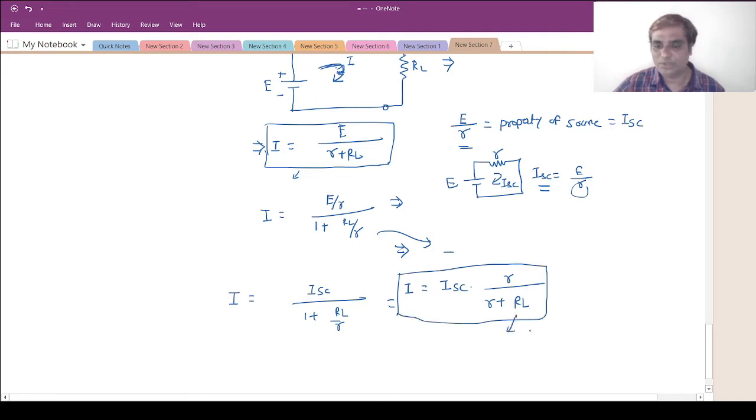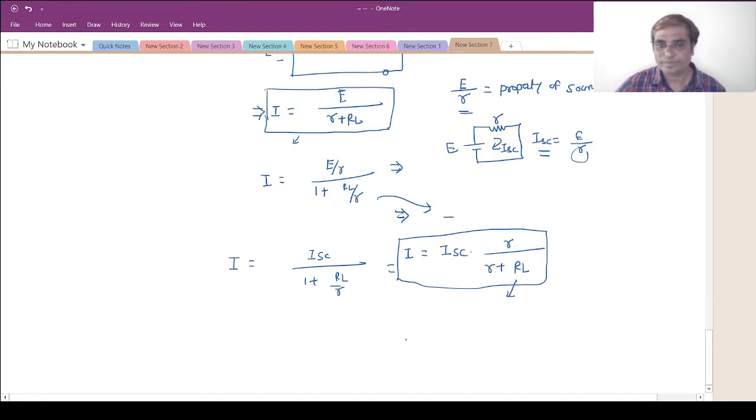Okay, so let us look at this equation carefully. What is this basically? If I have two resistances in parallel, suppose this is my R1, this is my R2, and I amount of current is flowing through it, and this will be again my I. This is my I1, and this is suppose my I2.